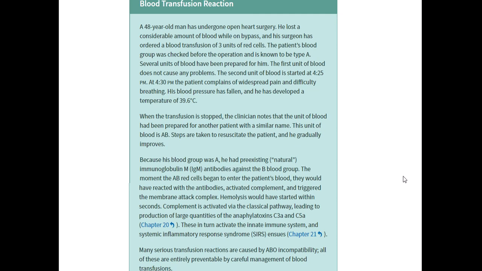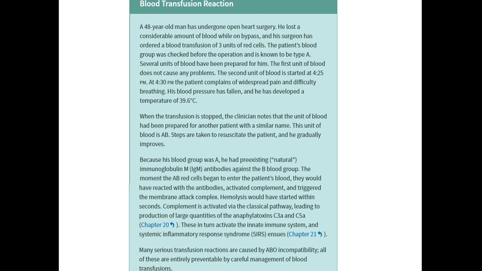So when he took the wrong blood, for example, he has antibodies against blood group A, anti-A, and he has blood group B, so antibodies bound to the antigen and hemolysis took place.